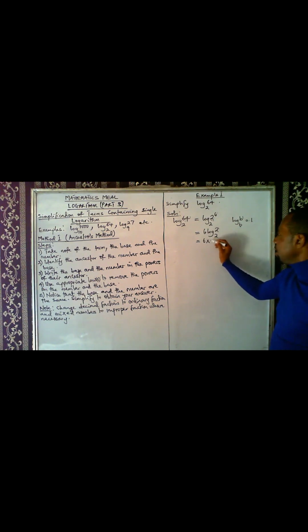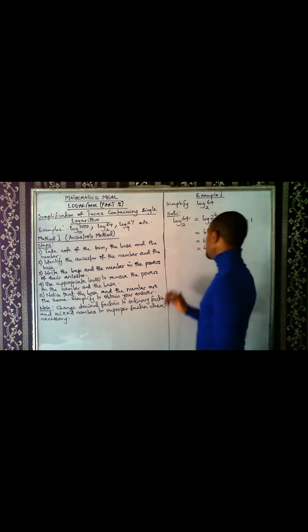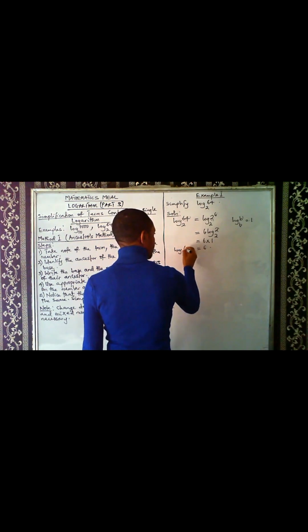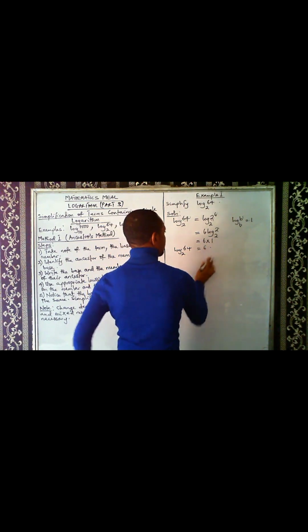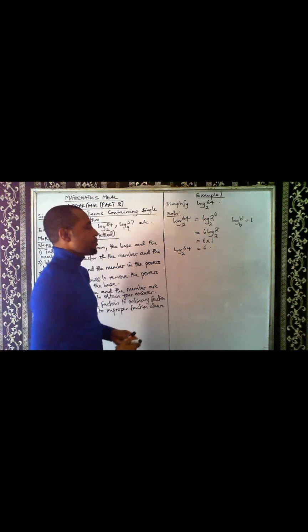So we have 6 times 1, and this becomes 6. So it means that log 64 in base 2 is equal to 6.